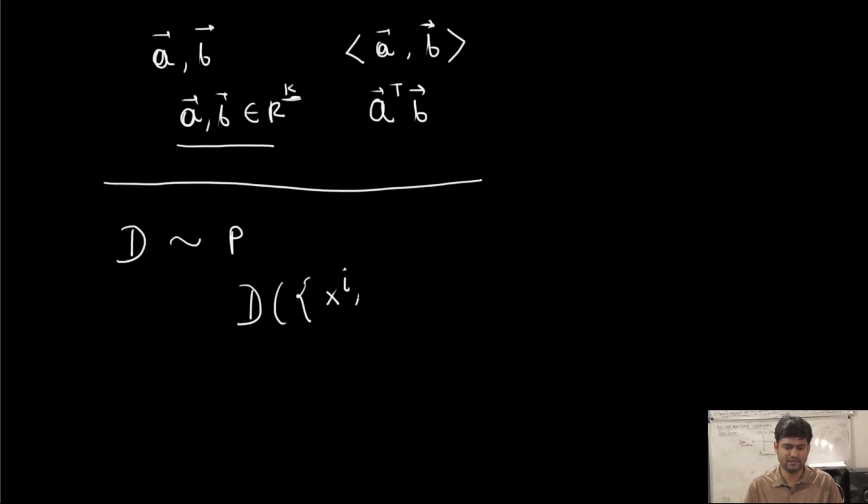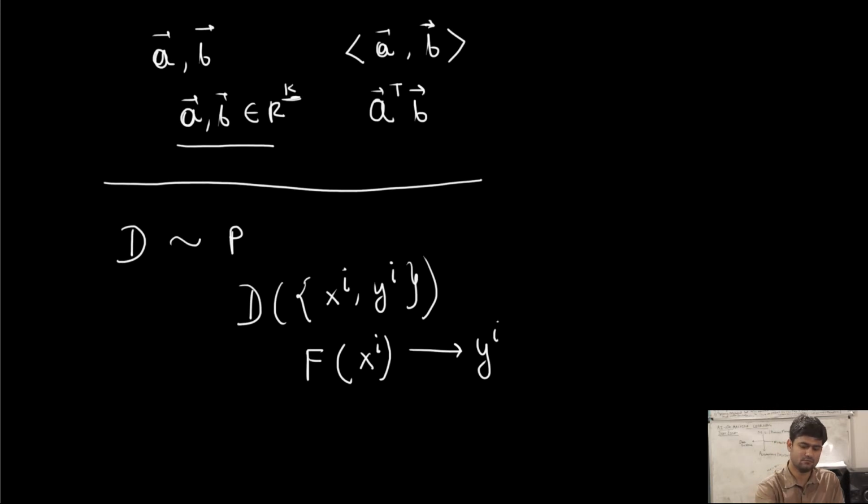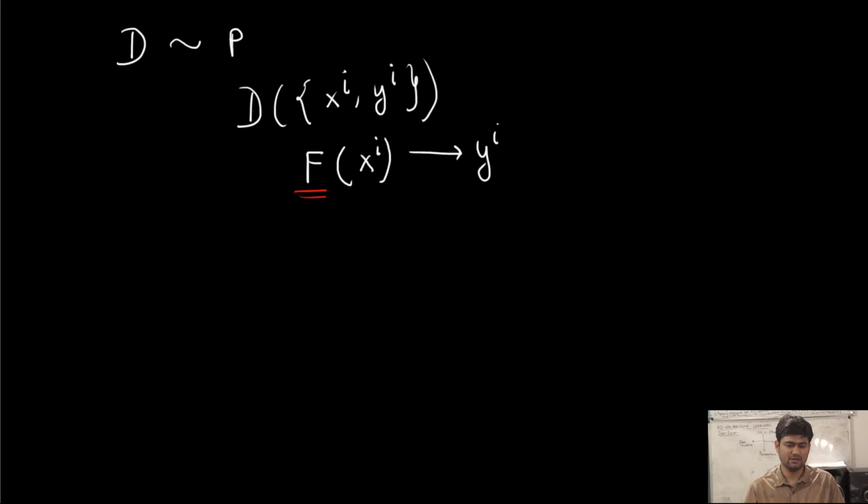Let's suppose we have a set of points xi's and yi's, where, as we discussed in supervised machine learning, there's a functional mapping f that you want to learn that takes in the input data points xi and generates the corresponding labels yi's. So now the goal is to find this functional mapping, right? And we assume that almost all these labels are generated by this functional mapping, which you can learn using some learning algorithm.